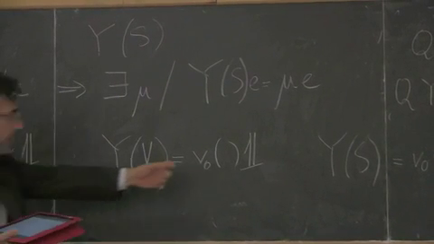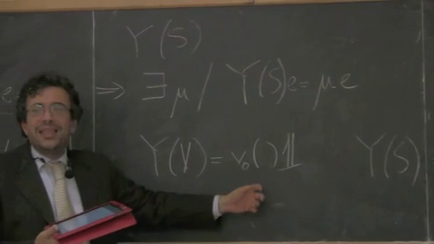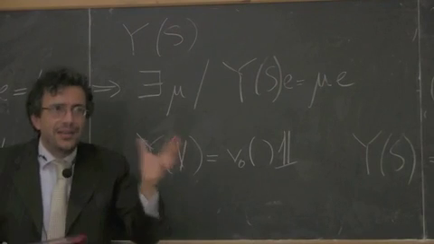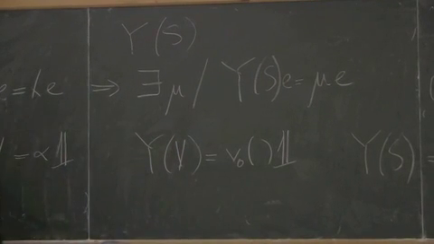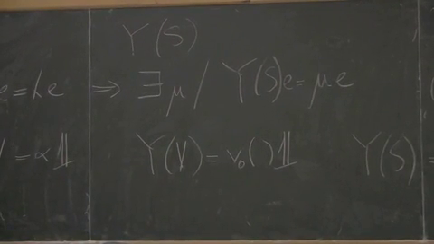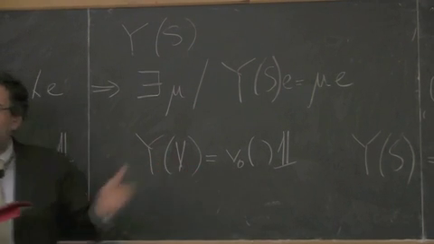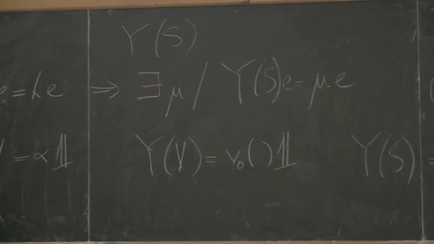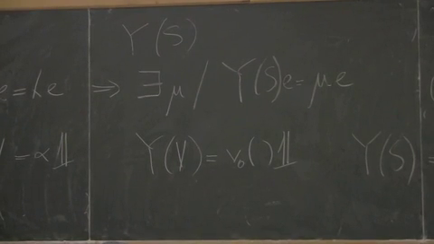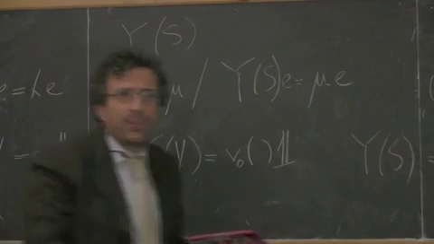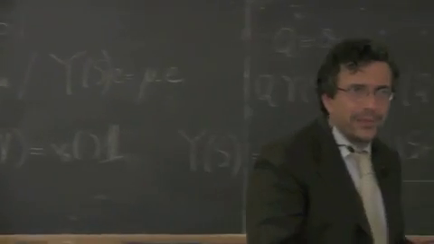This is the form of the symmetric tensors having the whole space as eigenvectors. Okay, spherical symmetric tensors are the only tensors having as a space of eigenvectors the whole space. Okay?